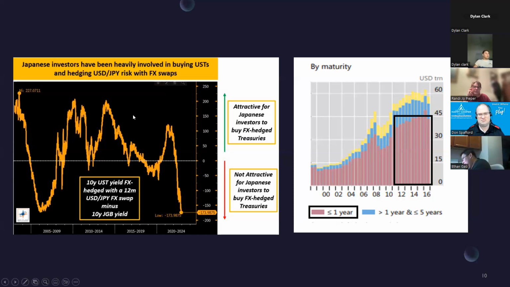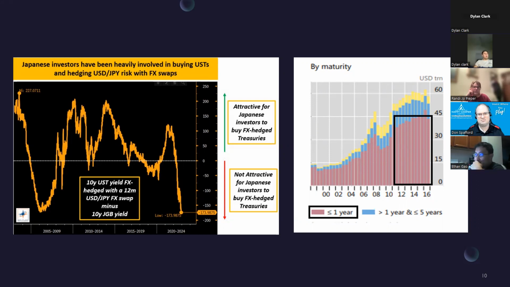This chart here on the left shows the additional yield the Japanese insurance company would need to get from purchasing 10-year treasuries and hedging USD to JPY, so hedging the USD JPY risk with a 1-year forex swap instead of buying Japanese government bonds.